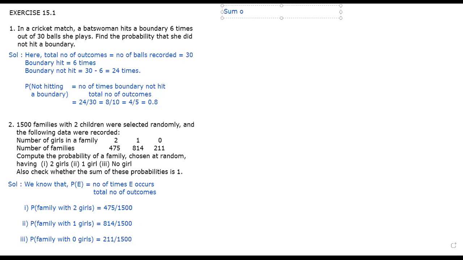Yes, sir. Sum of these probabilities is equal to 475 upon 1500 plus 814 upon 1500 plus 211 upon 1500.